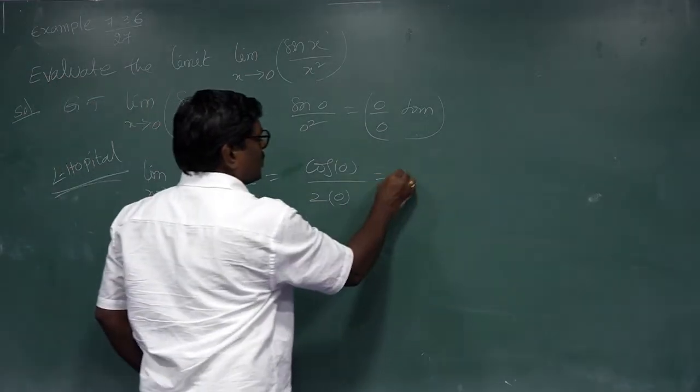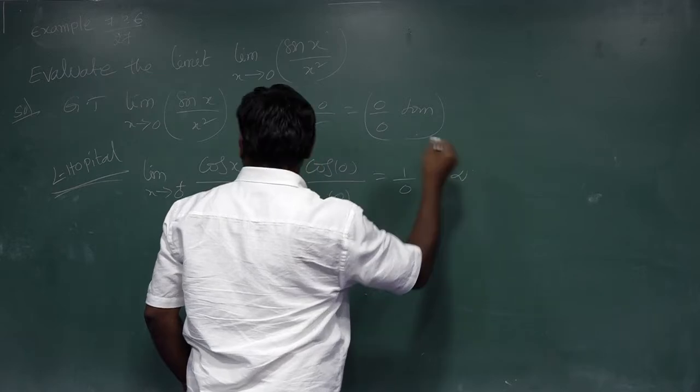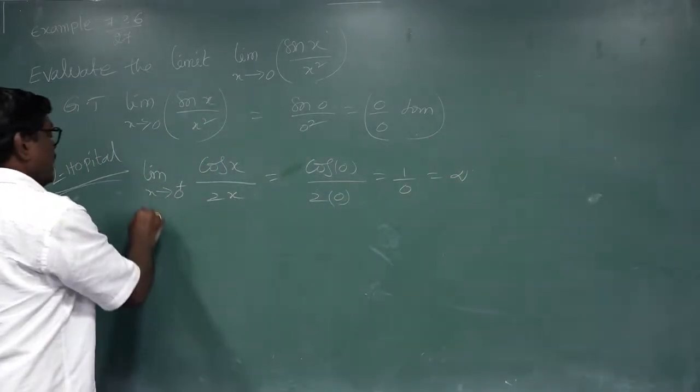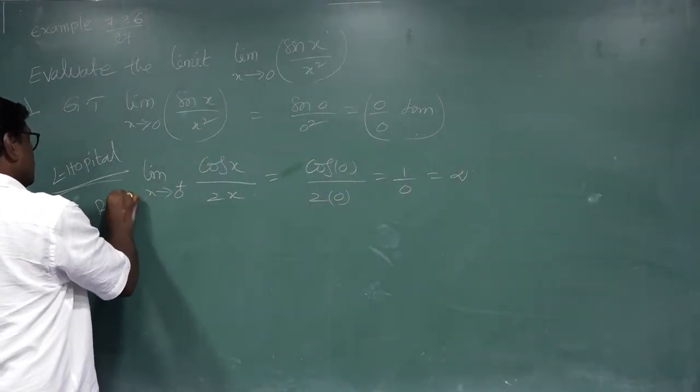Cos 0 value is 1, so 1 by 0 equal to infinity. This is the right hand limit.